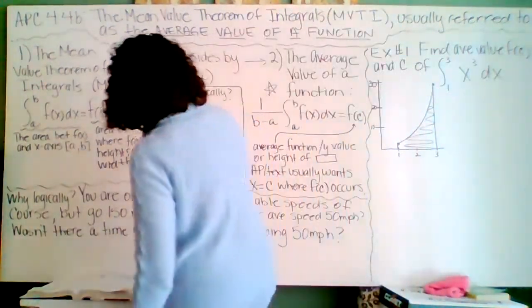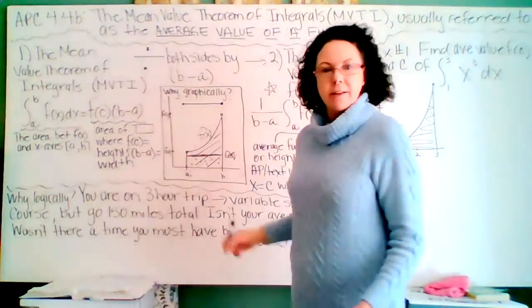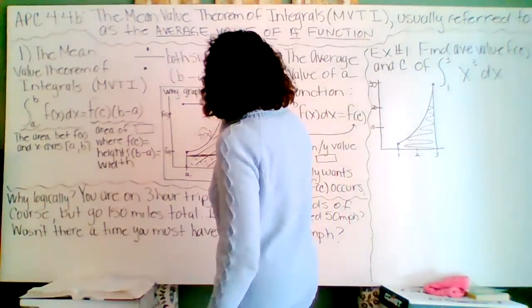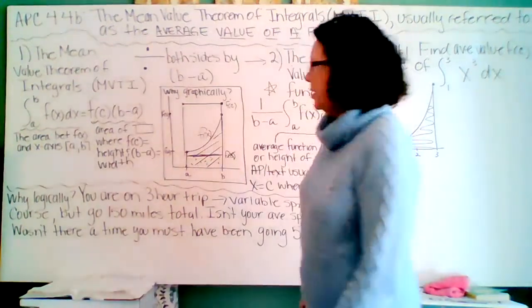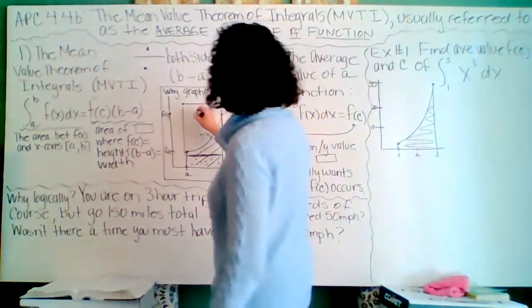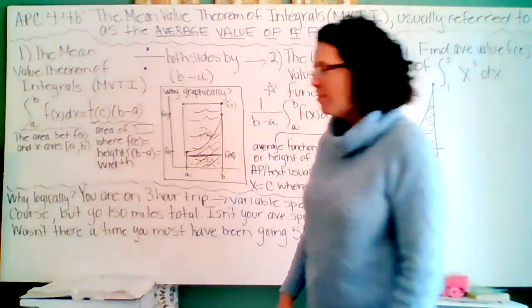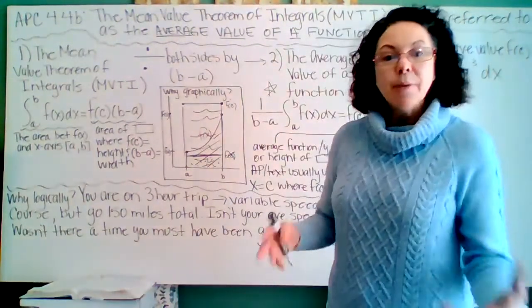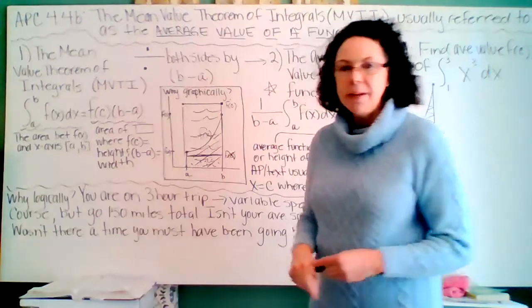What if my f of c from a to b were up here, my y equals something? Obviously, because f of c is always above f of x, this area with the waves is much bigger than the area under f of x between a and b.